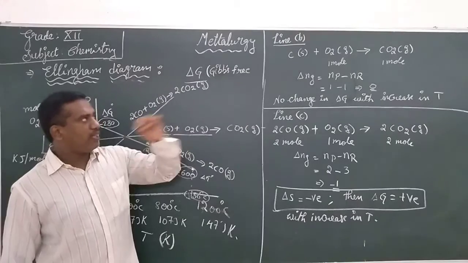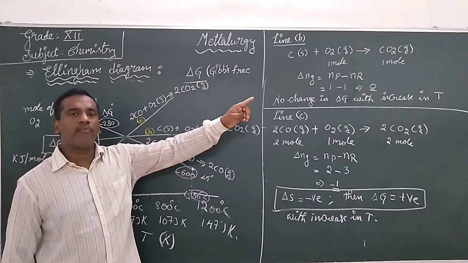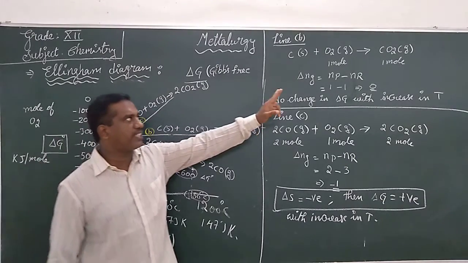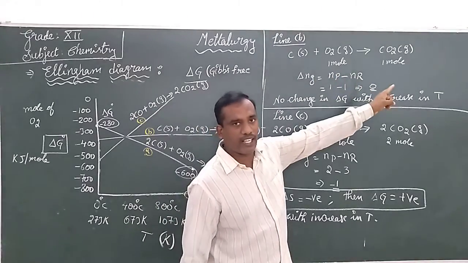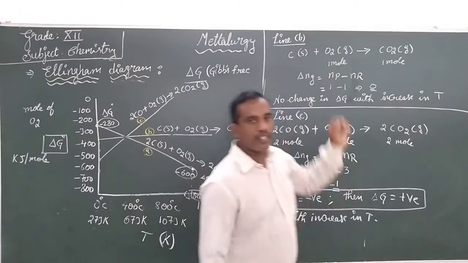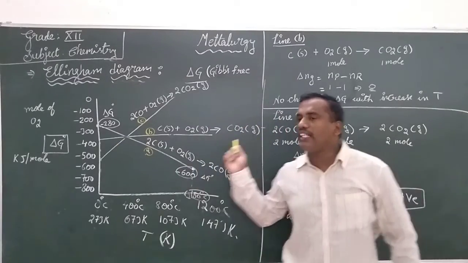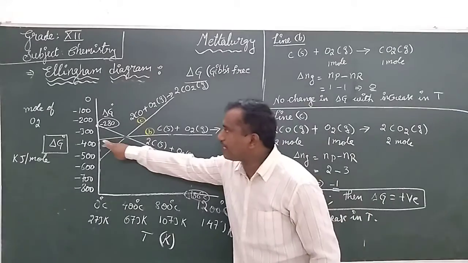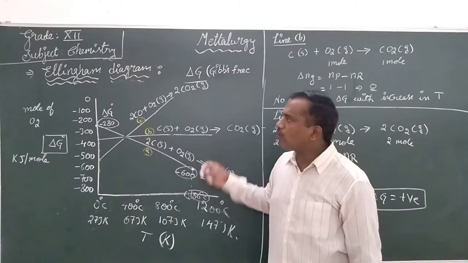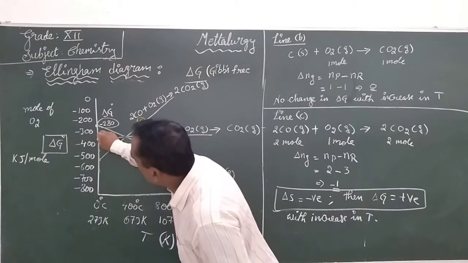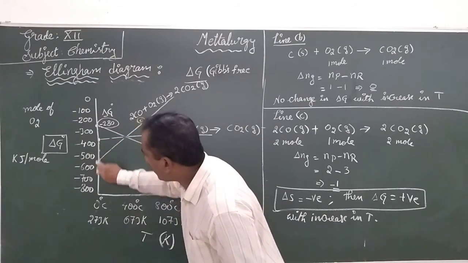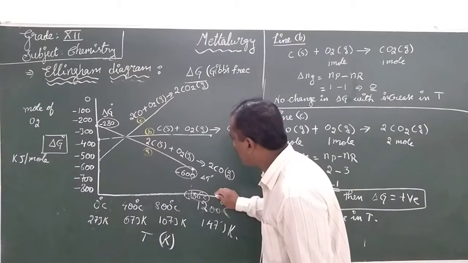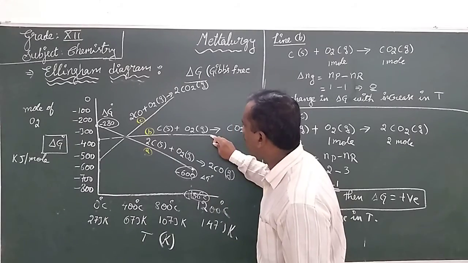Can you study the change in number of moles of gaseous substances? The equation was given here about line B. This line B, why is it a straight line? When compared with the previous line that went down, why is this one a straight line? Can you observe? Here the delta G is around minus 380, and at the end of the reaction you can find the same, minus 380.